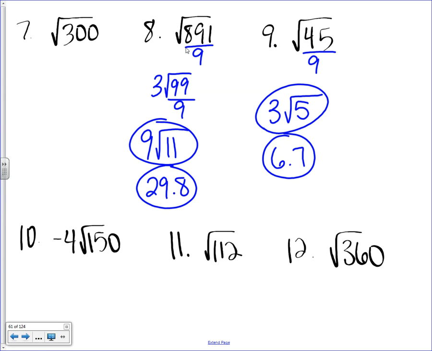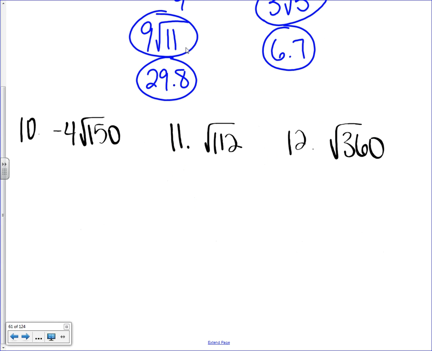Okay. Next one. 150. Is it a perfect square? No, it's not. What can I divide out of 150 that is a perfect square? 15 is not a perfect square. 25 is a perfect square.